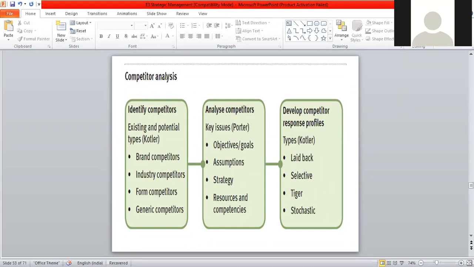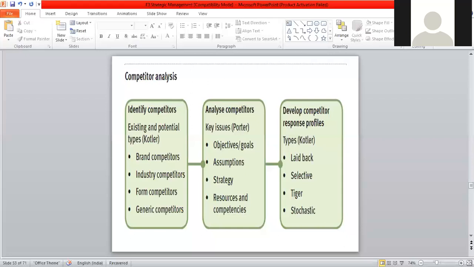So in that case, the objectives and goals are different. So identify what it is. Some of them may be only to render services and provide quality products or satisfy a particular group of customers, so that can be their focus. So identify their objectives or goals.